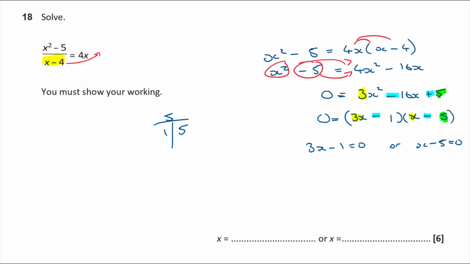So if I've got 3x minus 1 is equal to 0, moving the 1 to the other side, I'm going to get 3x as 1, and then dividing through by 3, I'm going to get x as a third. Or I'm going to get x minus 5 is 0, so x is equal to 5, then, isn't it? So they're my two solutions, 1/3 and 5.